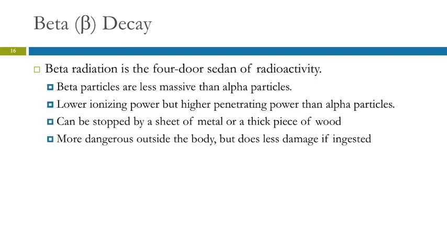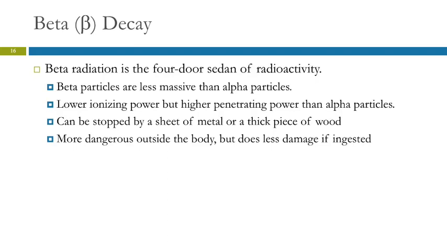So they have lower ionizing power, but they have higher penetrating power than the alpha particles. So a 4-door sedan is going to be able to maneuver through heavy traffic more easily than a semi-truck. Beta particles can get through matter more effectively than alpha particles can.